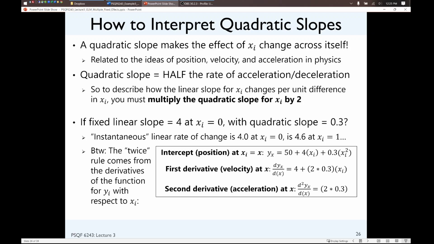The idea of a linear and quadratic slope is related to the idea of velocity and acceleration, whereas the intercept would relate to position. So it works out that the quadratic slope that is given to you in your output is actually only half of the rate of acceleration or deceleration of the slope. That's why we need to multiply it by 2 to make it into the full rate of acceleration or deceleration. So I have an example of this.